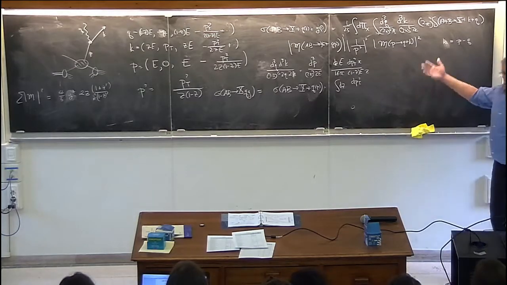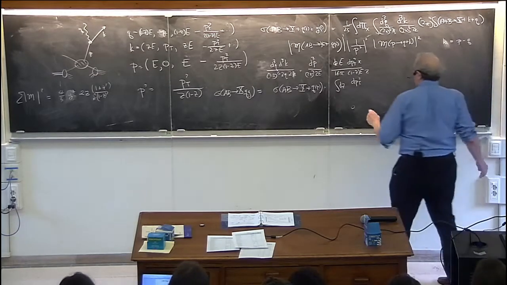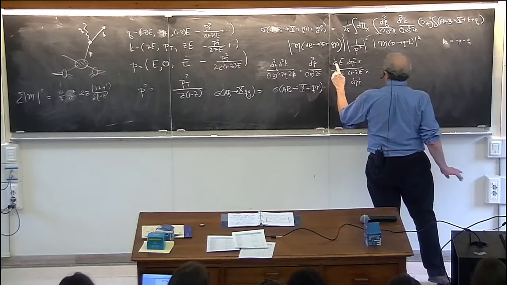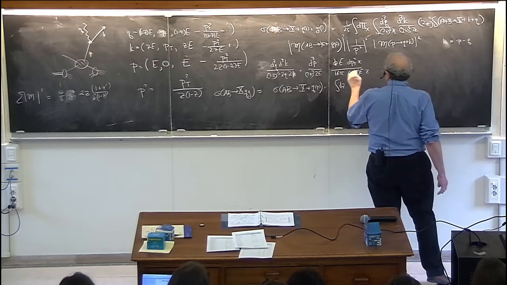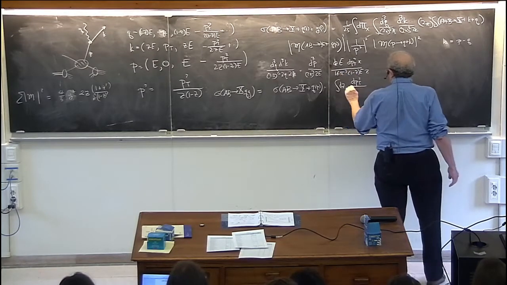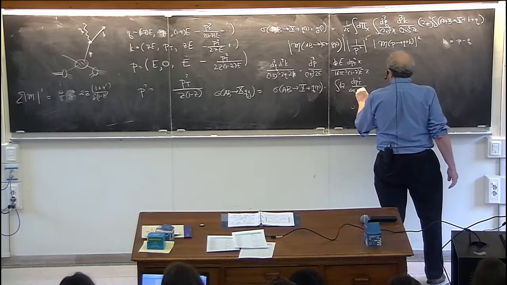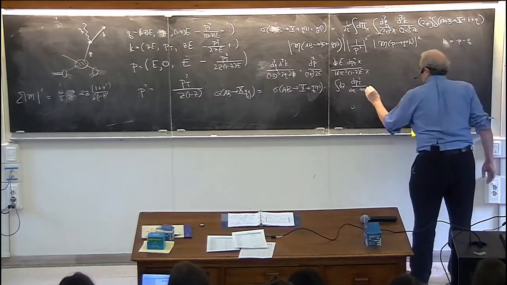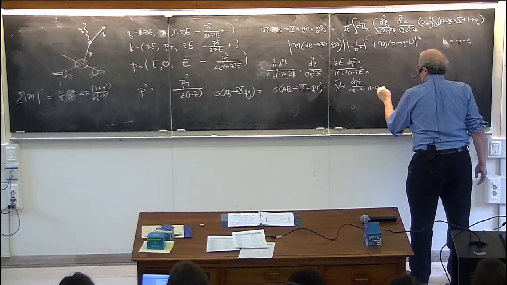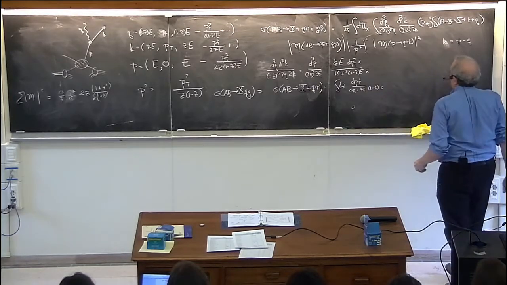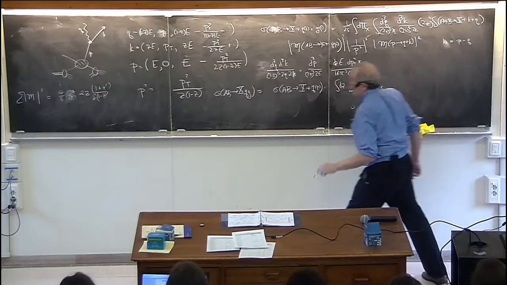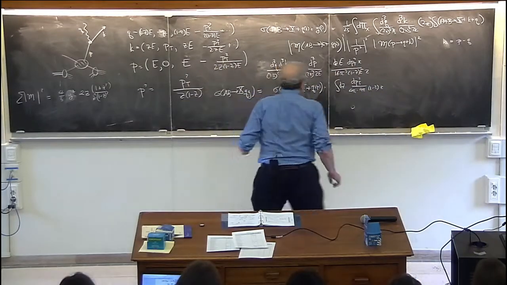And now the same rearrangements go on as before. Let me just try and pick up all the factors. So here we have 4 pi times 4 pi. There's a z and a 1 minus z. This factor is the square of what I wrote there.